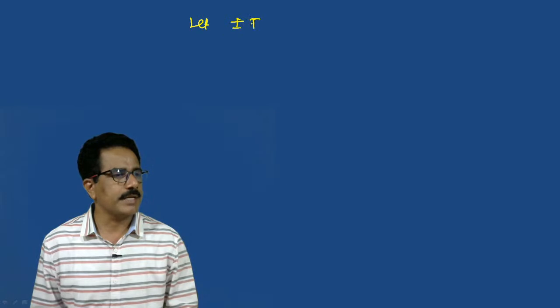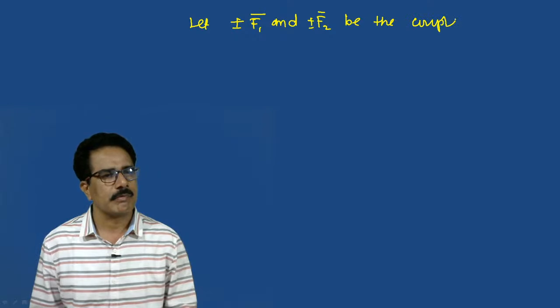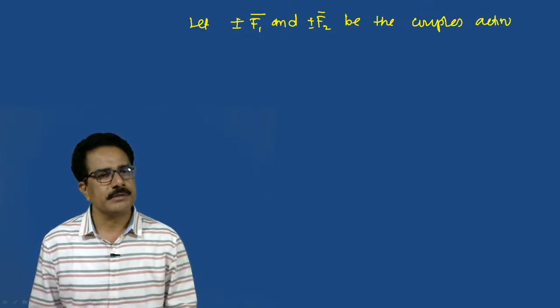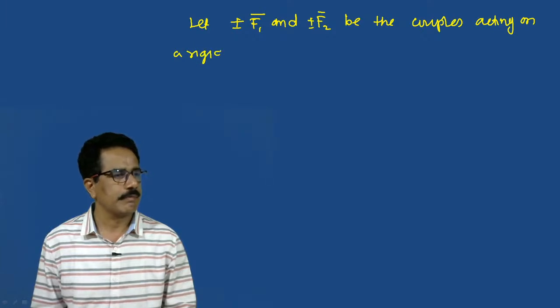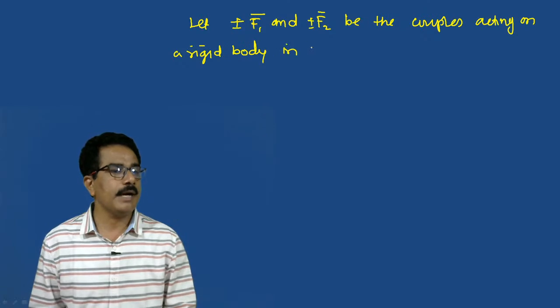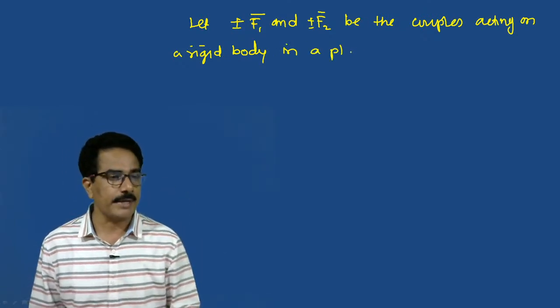Let plus or minus F1 bar and plus or minus F2 bar be the two couples acting on a rigid body in a plane. This is an important condition, they must act in a plane only.